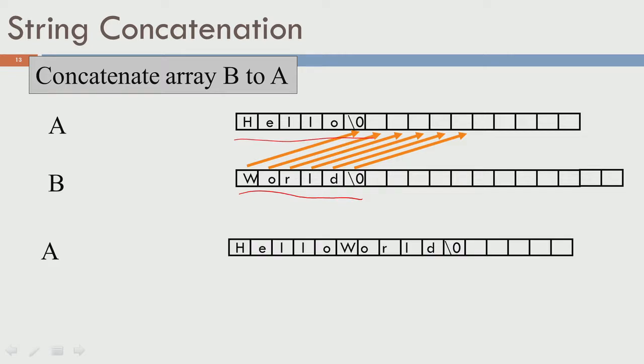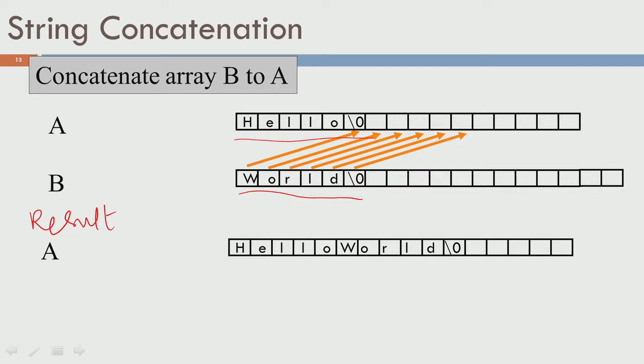The result I expect is HELLO, which were the contents of A, followed by the contents of B, which is WORLD, followed by \0, which says that this is the termination of A. So, I am trying to concatenate B to A, and as a result I want this.